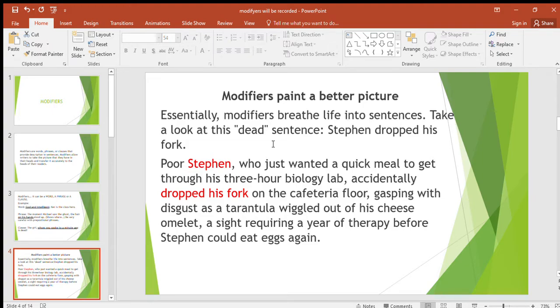Take a look at this dead sentence: Stephen dropped his fork. That's our dead sentence, or just a plain old sentence.